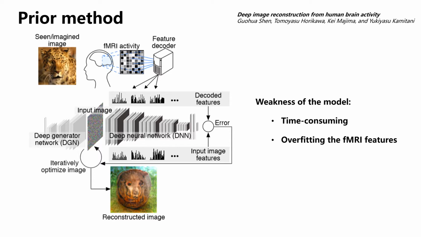However, it is relatively time-consuming because it uses a lot of features to reconstruct the images in a single step. And the fMRI data is noisy, thus making their model, which is loyal to the features of fMRI, unable to capture the essence of images.